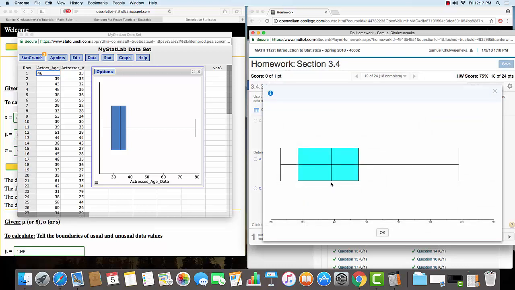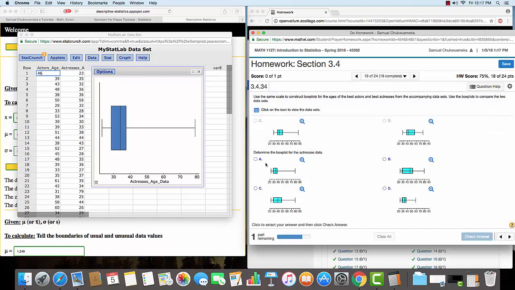C is out also, because this is 35, it's more than 35. So A is the option that we are left with.